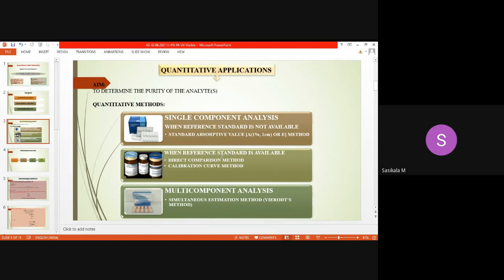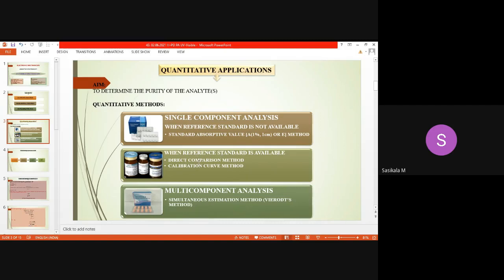So you will be observing the absorbance of the standard solution where the concentration is known, and the sample concentration is unknown, but you will be getting the absorbance from the instrument, right? So known concentration of standard and absorbance of standard is compared with the absorbance of sample, whereby we can determine the unknown concentration of sample. Okay, that is called direct comparison.